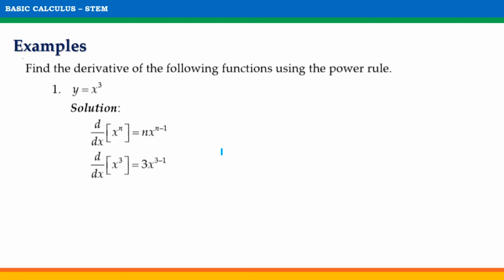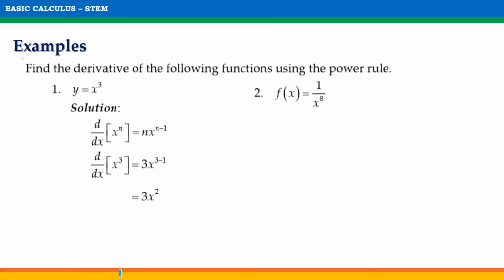Thus, d over dx of x cubed will be equal to 3 times x raised to 3 minus 1. Notice here that we have made 3, the exponent, the numerical coefficient of the variable. Thus, we will have the final answer to be 3x squared.